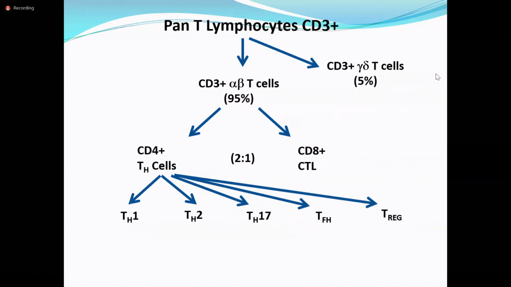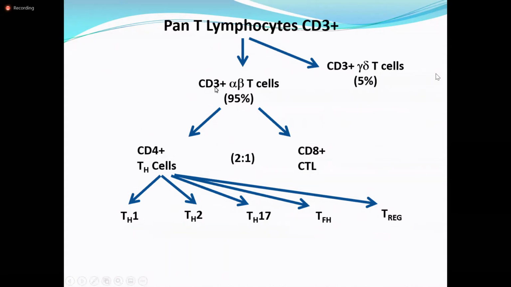There's a small component which is composed of a gamma delta chain. I won't talk much about these, but they seem to be more involved in mucosal immunity, not in systemic immunity, which is what we're talking about here.